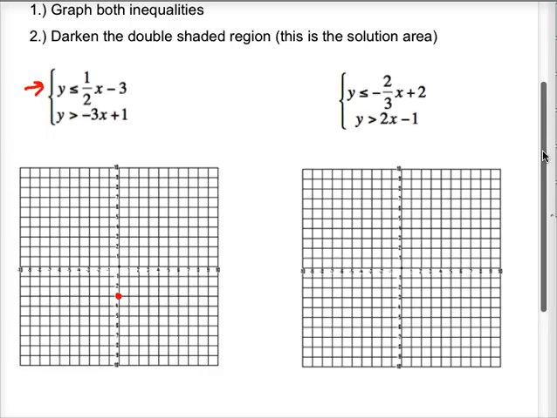And then we have a slope of 1/2. So up 1 over 2, up 1 over 2. And now I look at my inequality. So less than or equal to. The or equal to means I'm going to get a solid line.